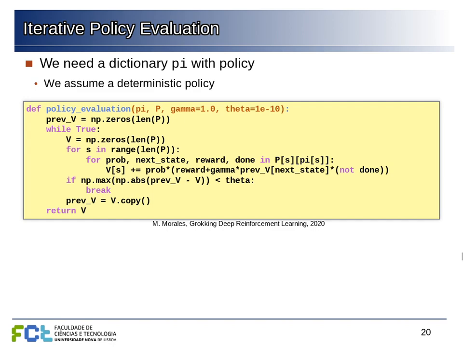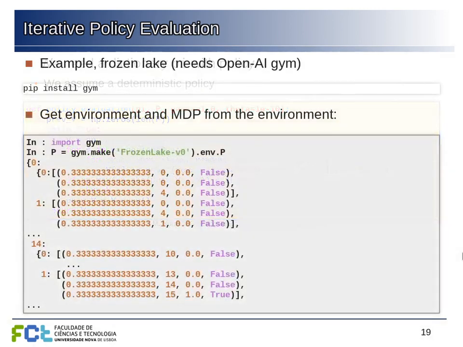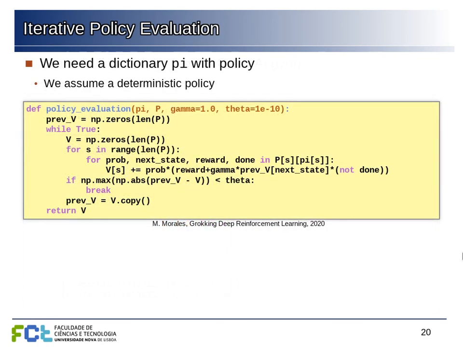And then we are going to loop through all of the possible states and possible actions, and get the probability of the next state, the reward, and the flag.